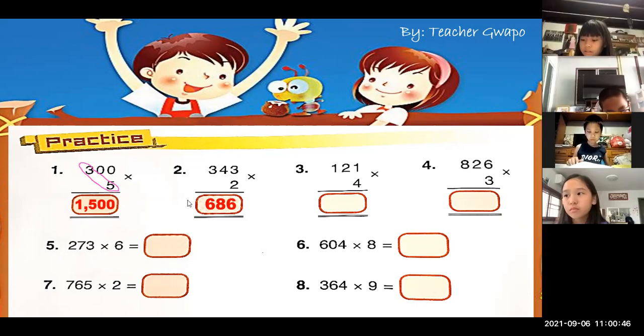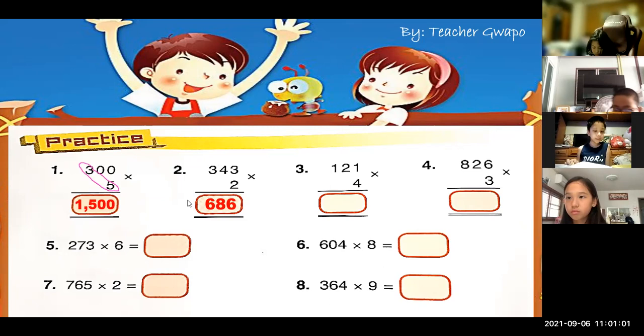Number 31 from 3/4, can you tell us your answer? 484. Oh, 484 is correct. Thank you. Very good. You know how to multiply numbers now.